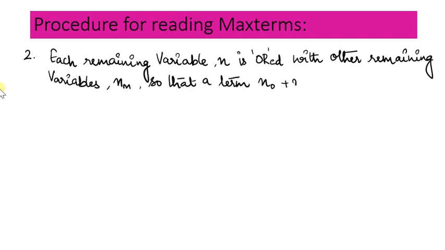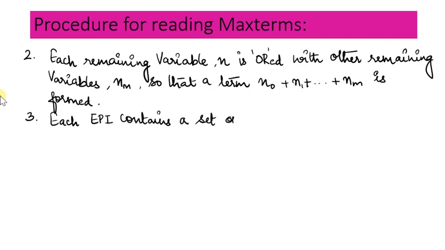Now coming to the second step, each of the remaining variables n is ORed with the other remaining variables nm, so that a term n0 plus n1 plus up to nm is formed. That is what we have seen previously. We are ORing the terms.